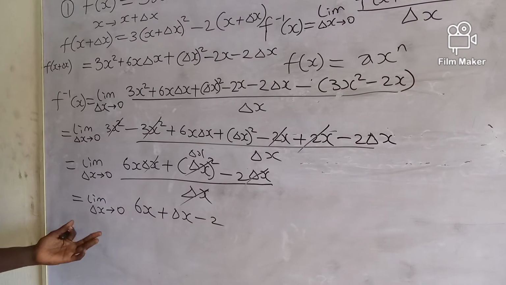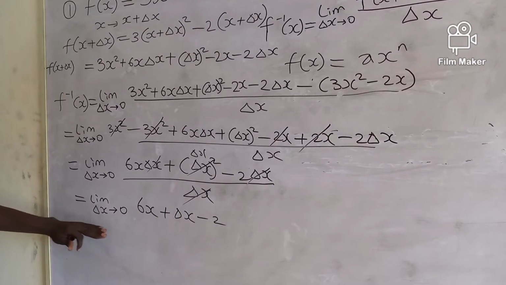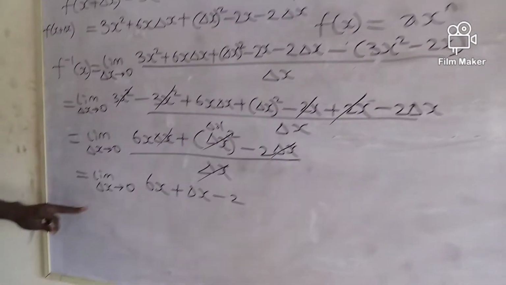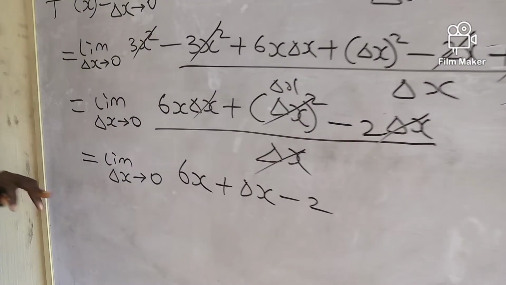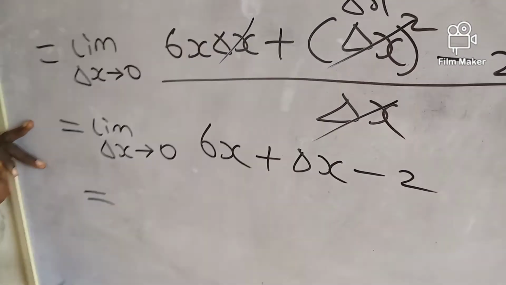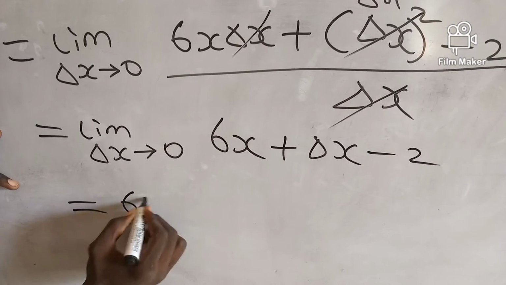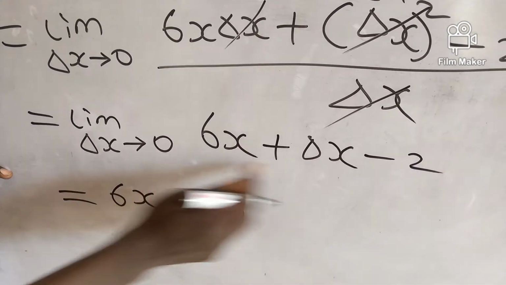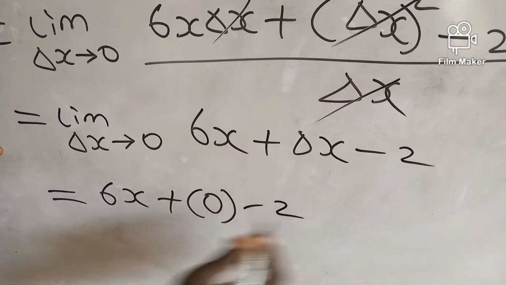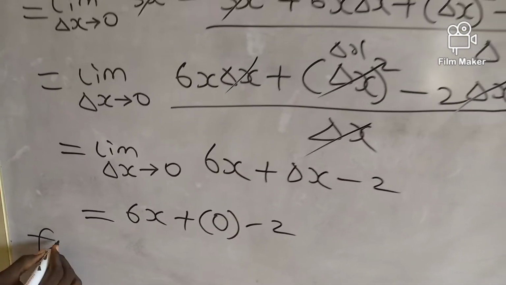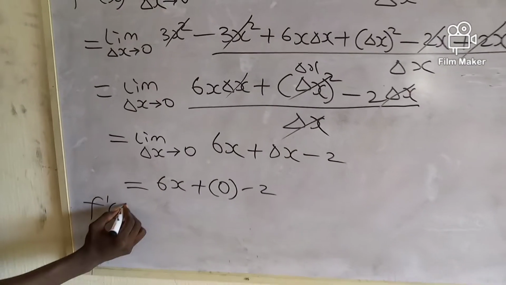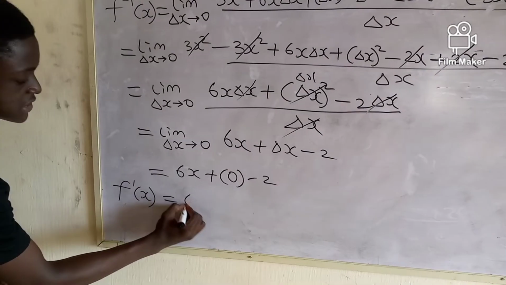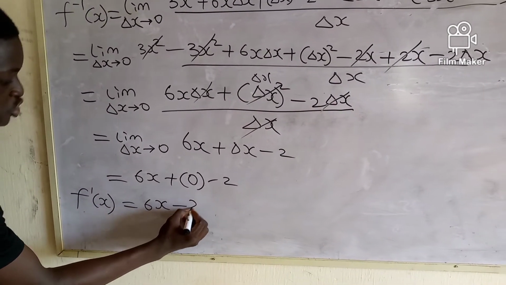Now, remember our limit is as the change of x approaches 0. Now we would substitute 0 for our change of x. This would be equal to 6x plus 0, our dx tends to 0, minus 2. Therefore, the differentiation of the function is equal to 6x minus 2.